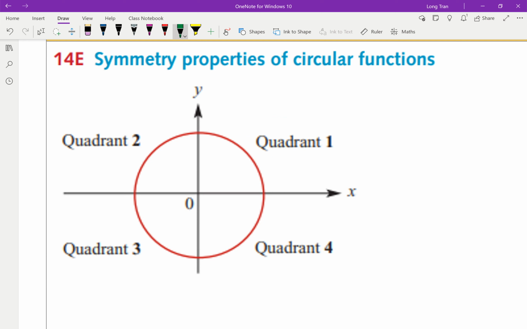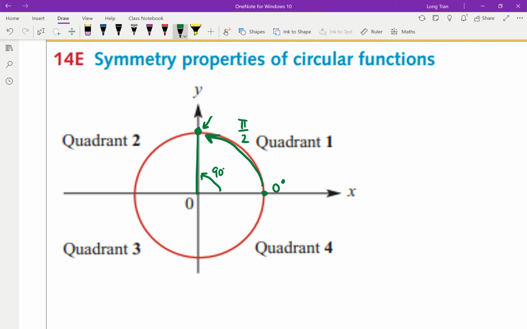So if I said 90 degrees, starting from here, this is 0 degrees, and then you work your way anti-clockwise. This is 90 degrees, which brings you to this point on the circle. That's a 90-degree distance there, which in terms of radians is pi on 2.